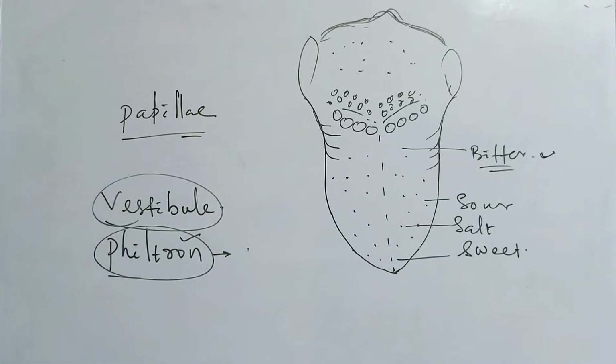So what are taste papillae? Taste papillae are of 4 different types. They are present in our tongue. So the papillae are the filiform, fungiform, circumvallate, and the foliate.